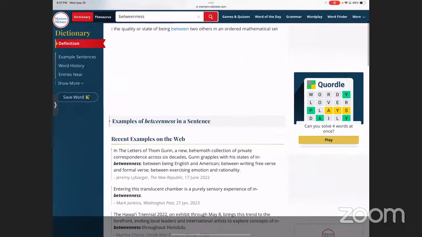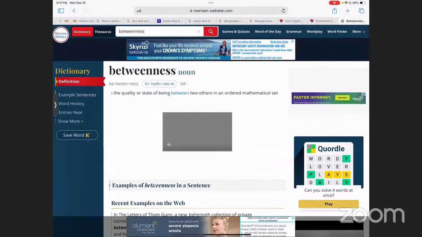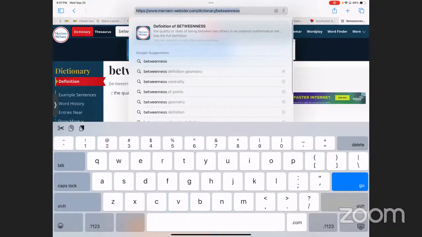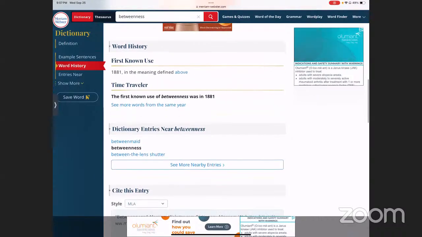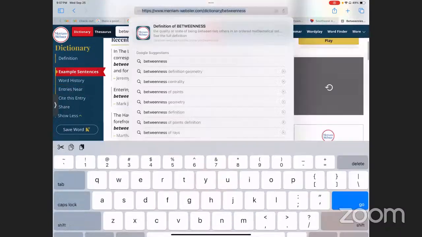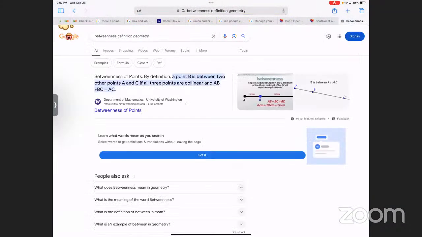Betweenness: the quality or state of being between two others in an ordered mathematical set. Well, that doesn't really help me. Betweenness in geometry is what I want. Here we go.